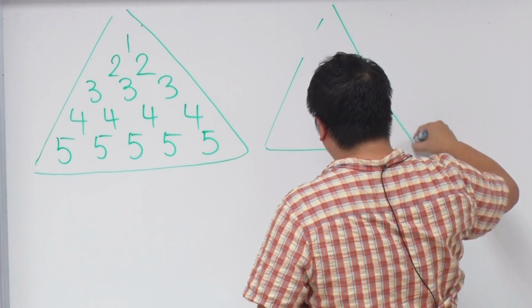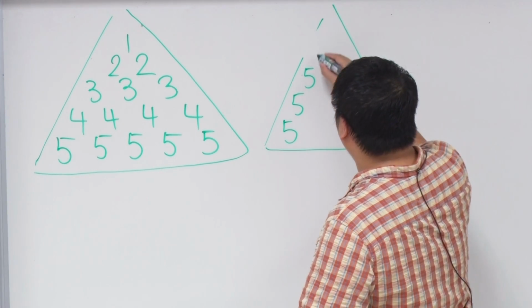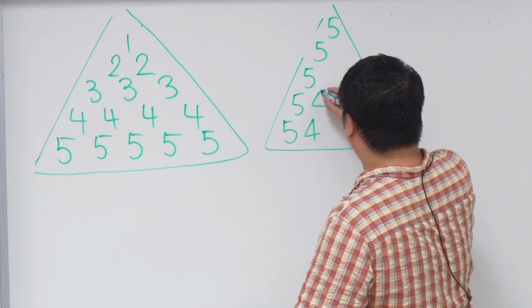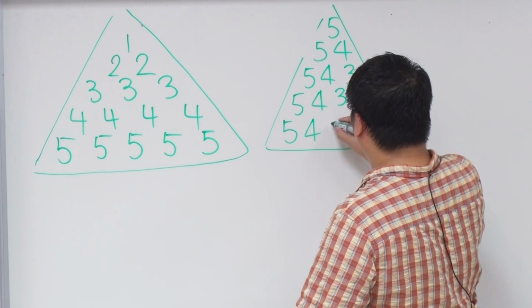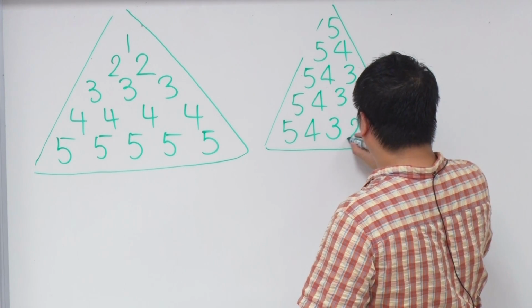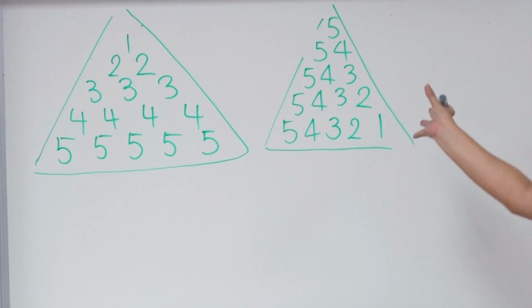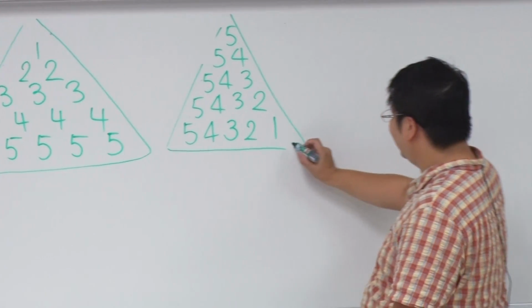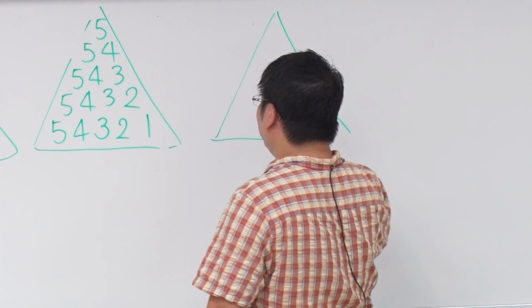I will have 5, 5, 5, 5, 5, then 4, 4, 4, 4, then 3, 3, 3, then 2, 2, and then 1. This is what we get by rotating by 120 degrees.